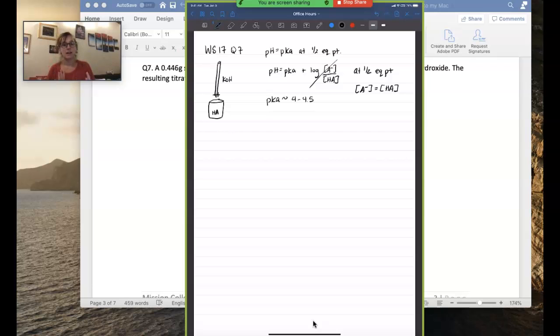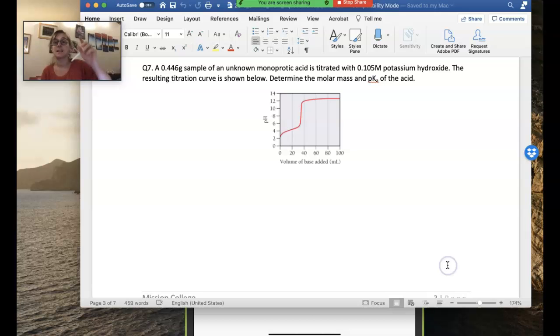All right, also from the graph, we want to figure out the molar mass. So molar mass of the acid, remember, is the grams of the acid over the moles of the acid. Now the problem, when we read it, says that we put in 0.446 grams of the monoprotic acid.